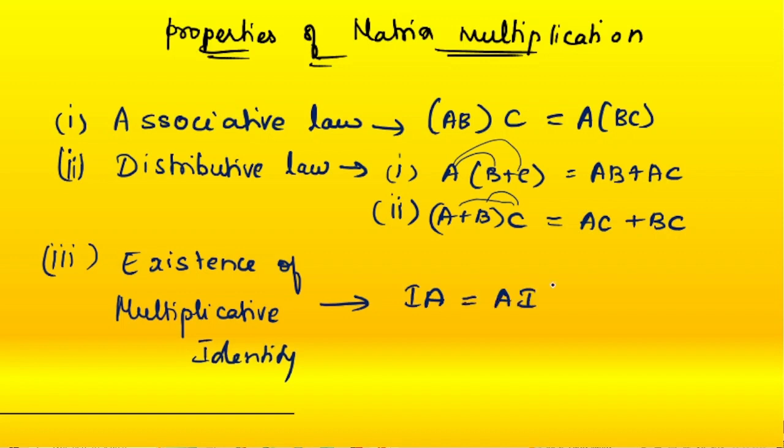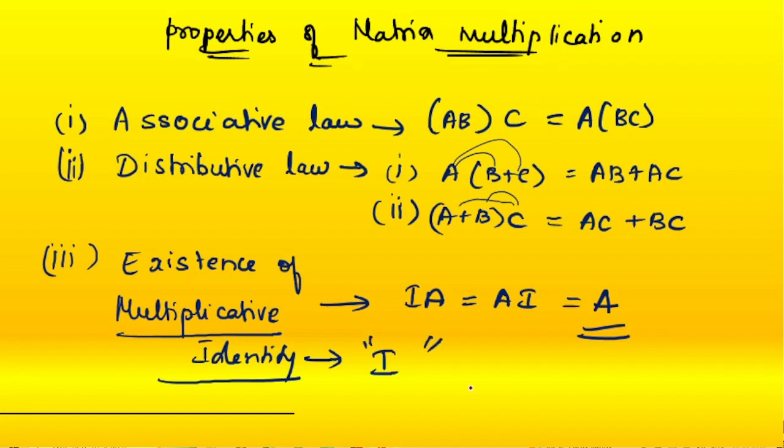Whenever you multiply the identity matrix in any order, it's going to be the same, because the identity matrix is the same. So that will give you the same matrix A. So the identity matrix is going to be the multiplicative identity.